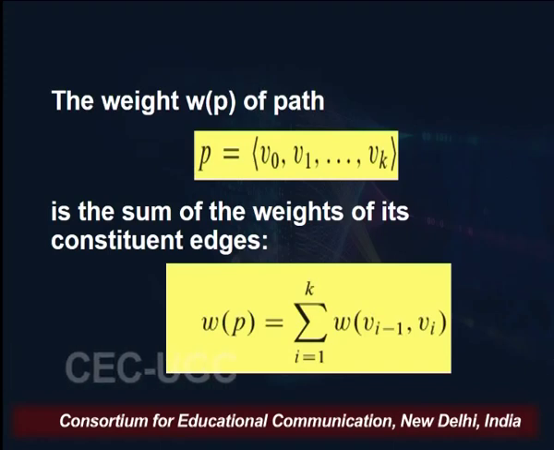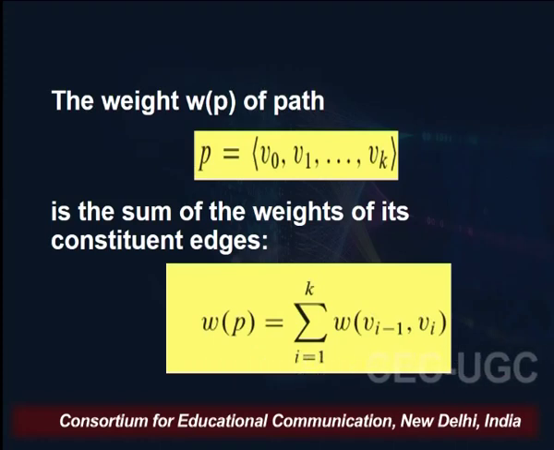So we have a path P starting from V0 to Vk. The weight of that path, denoted by W of P, will be the sum of the weights of its constituent edges.